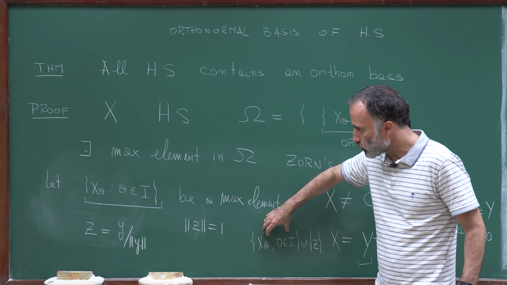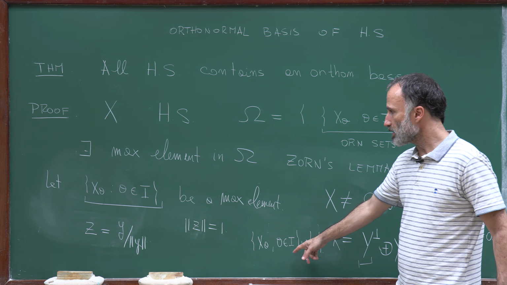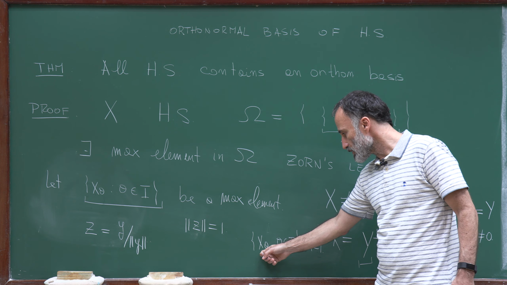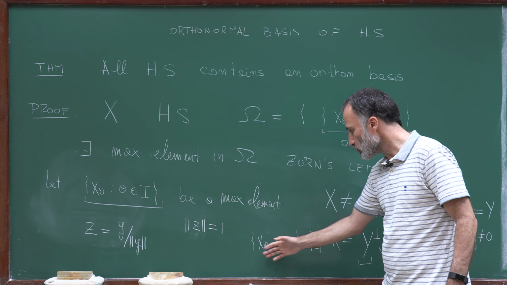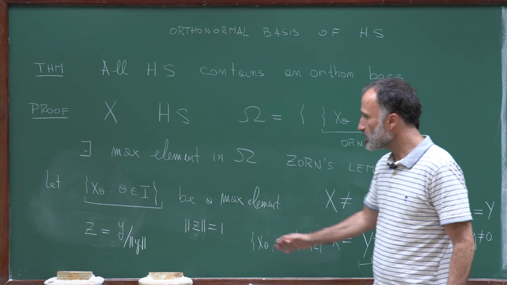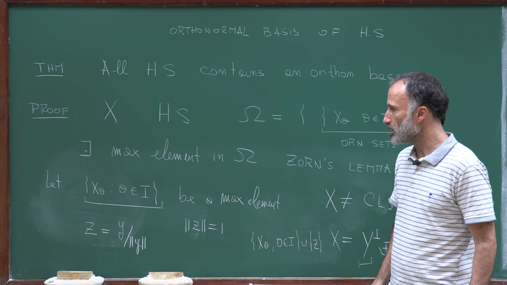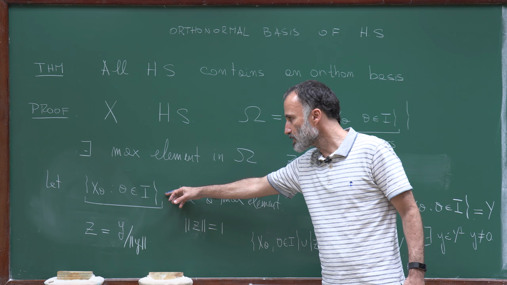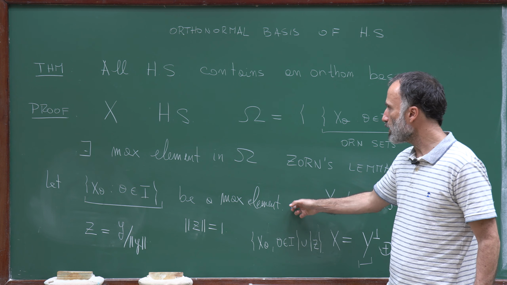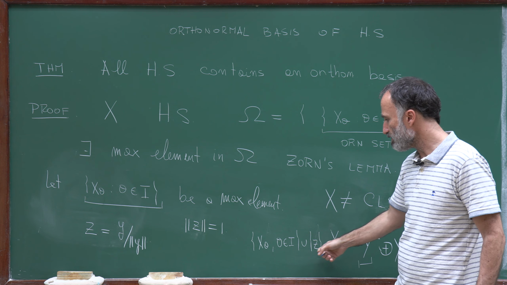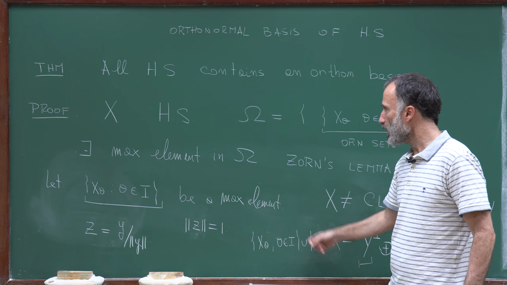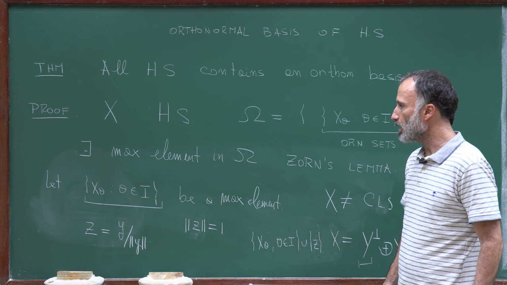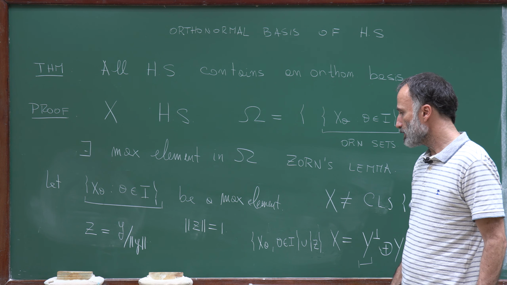Inside here, they are all orthogonal because this set is an orthonormal set. And z is also orthogonal to all these elements. So this is a new orthonormal set, and it's strictly larger than this one. And this contradicts the fact that this set is a maximal element of omega, because we just found one element of omega which is strictly larger than this element.